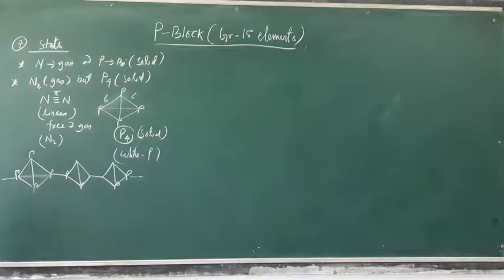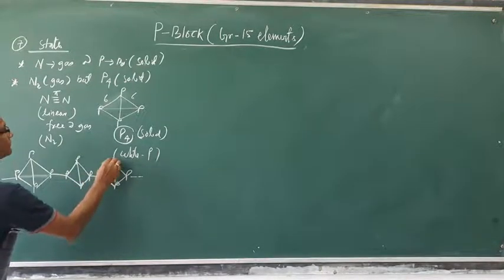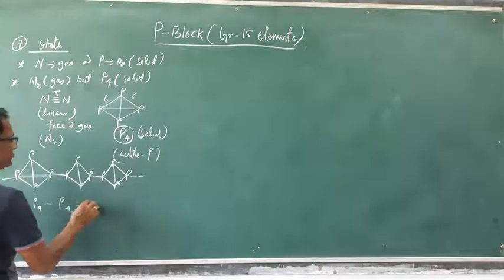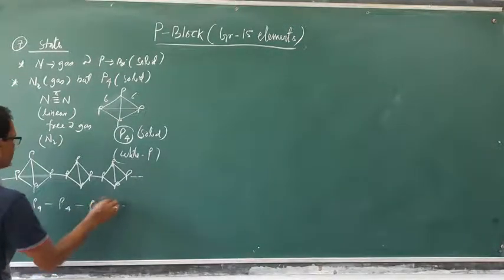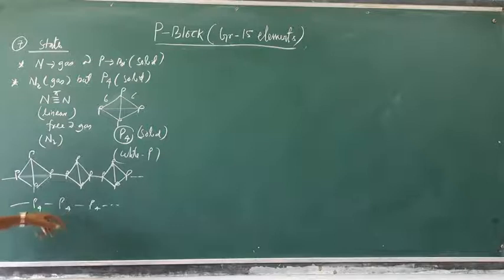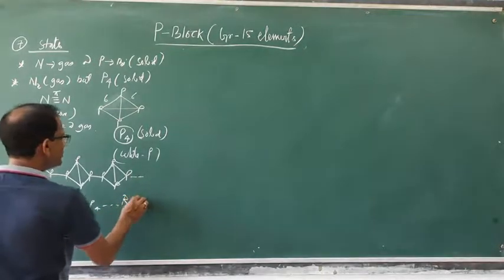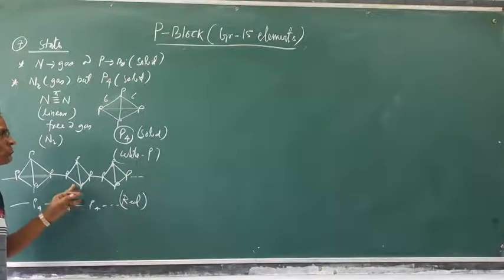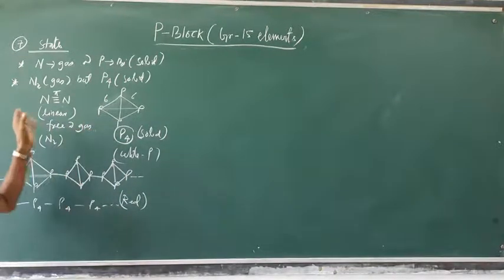So what does this indicate? Here the valence is satisfied, the tetravalency of phosphorus is satisfied, but this is a P4 molecule linked with another P4 molecule like this. So it is polymeric. This is red phosphorus. Red phosphorus is also one allotrope of phosphorus. So this is regarding the physical state.